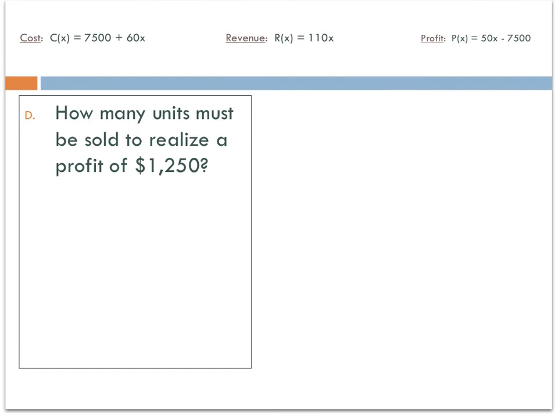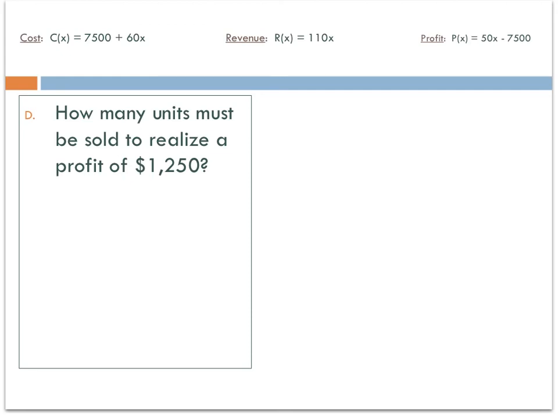Our last task is to determine how many widgets must be sold to realize a profit of $1,250. To realize a profit of $1,250, we want to figure out what x is going to give us a positive value of $1,250. So again, we're going to use our profit function, and we're going to see what it will take to make it equal $1,250.